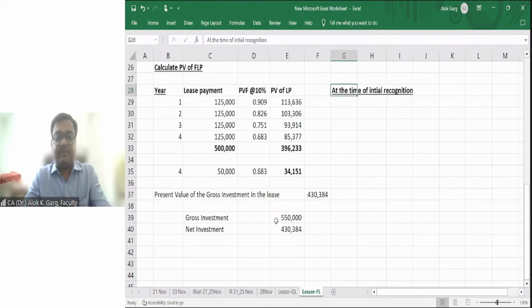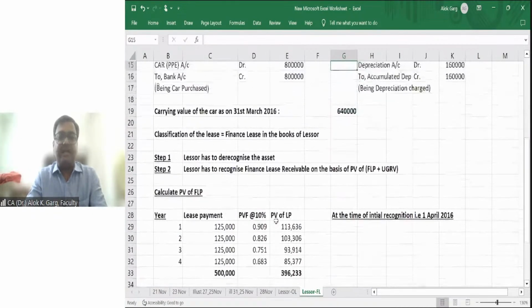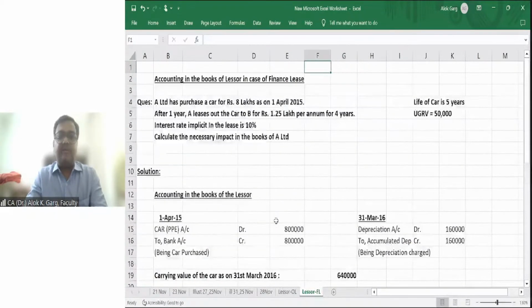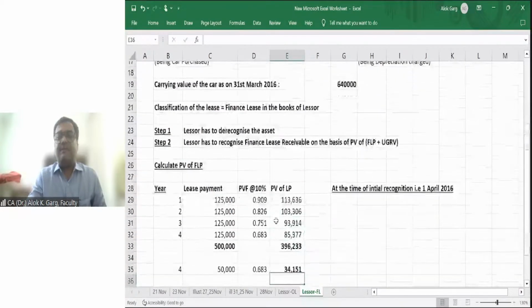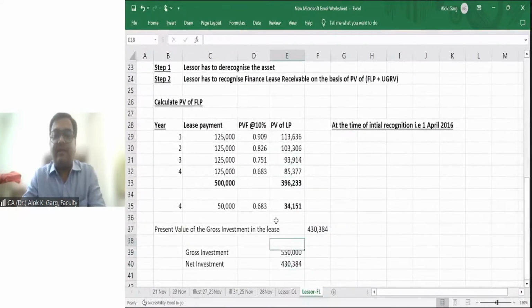The commencement date is 1st April 2016, right? Because in this question you can see that the car was purchased on 1st April 2015, and after 1 year it was leased out for the entire life. Okay, 1st April 2016.